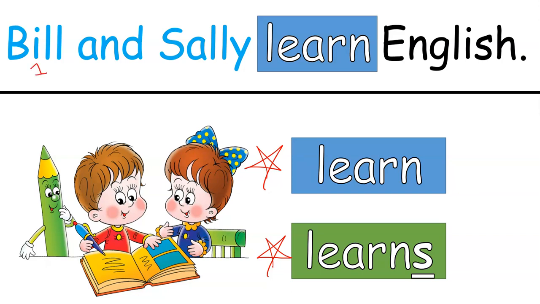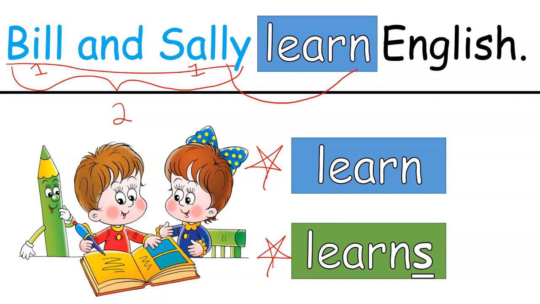Bill is one person and Sally is one person. But when you put it together, how many people is it? It's 2. So this is a plural. It's more than one. If the subject is plural, then there's no S at the end of the verb. So the correct answer is learn.